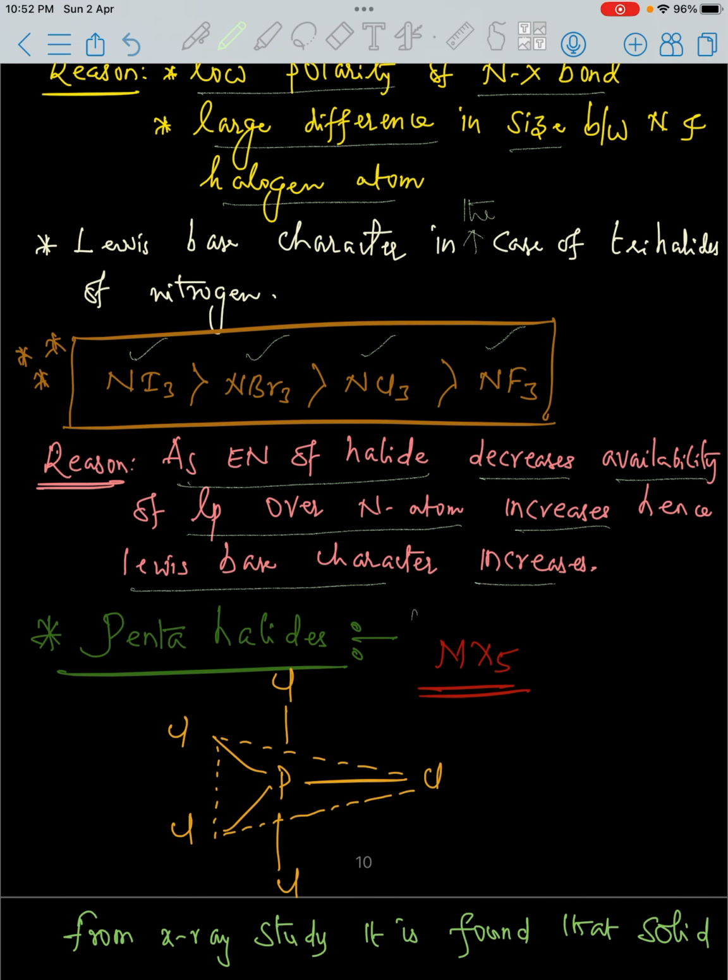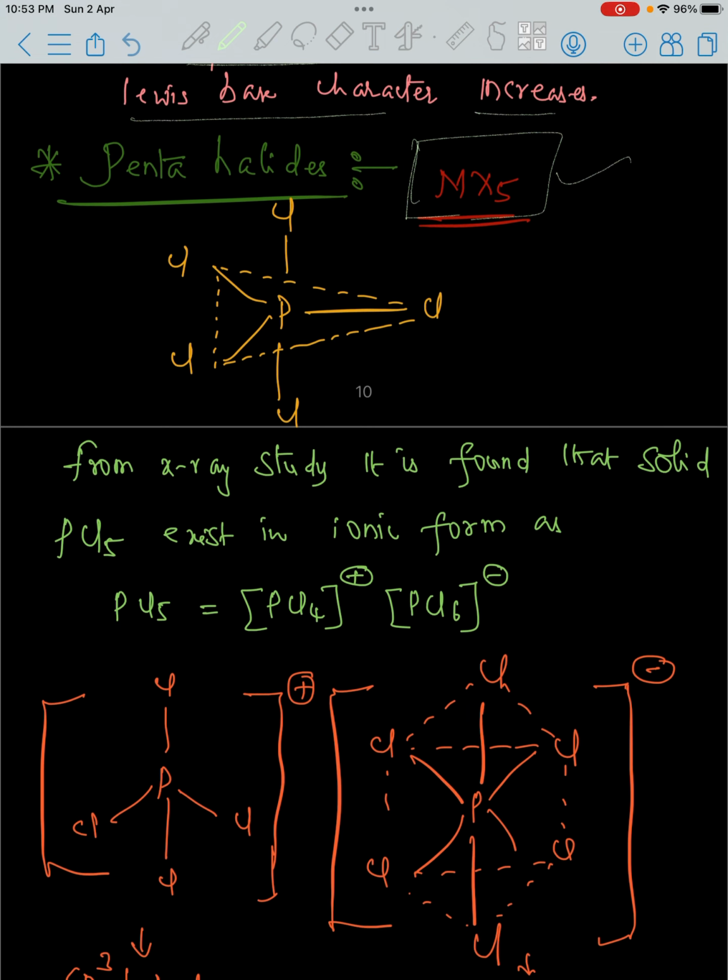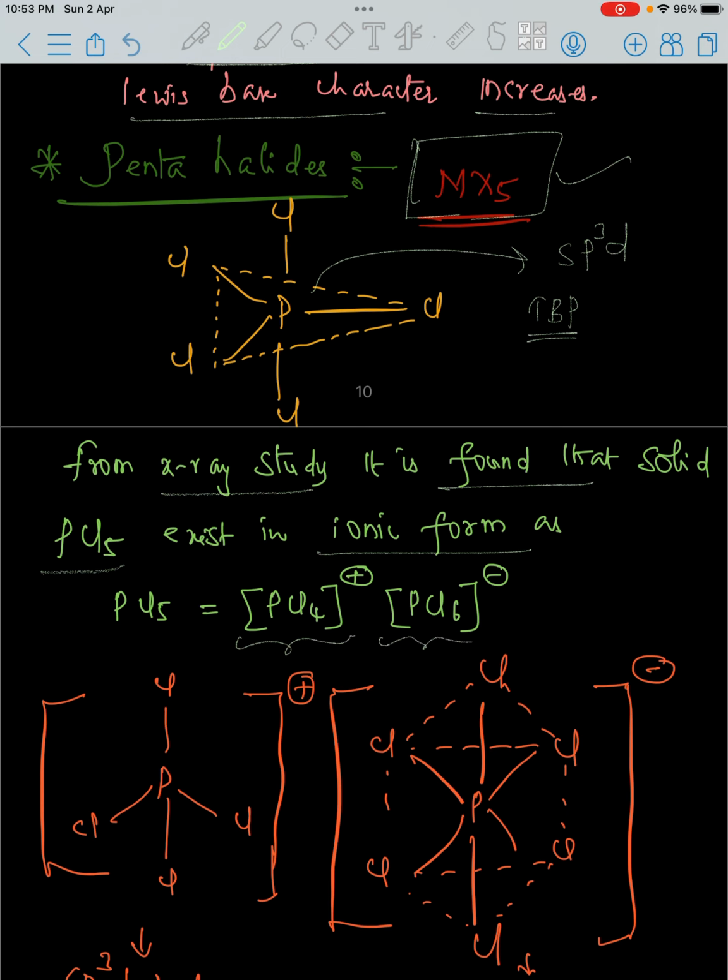Next, pentahalides, generally represented with the general formula MX5. The best example for this is phosphorus pentachloride. In this PCl5, the hybridization of phosphorus is sp3d. The shape of the molecule is trigonal bipyramidal. From X-ray study, it is found that solid PCl5 exists in ionic form as PCl4+ PCl6-.